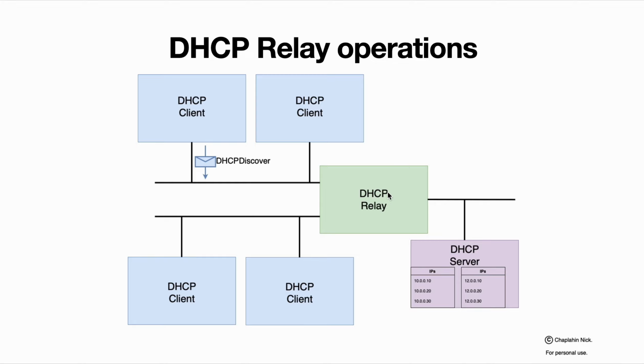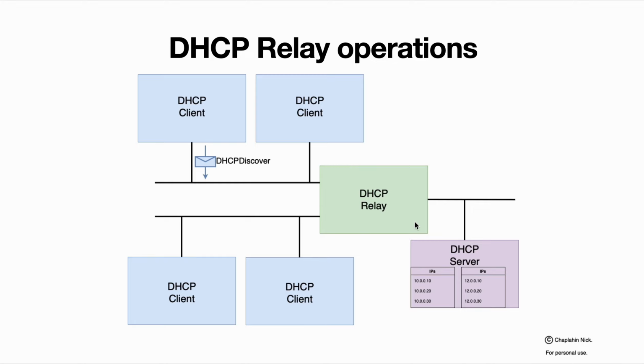How does DHCP relay influence these operations? Well, it is impractical to have a DHCP server for every subnet on every network because it's huge and pretty expensive. One DHCP server usually serves multiple LANs.